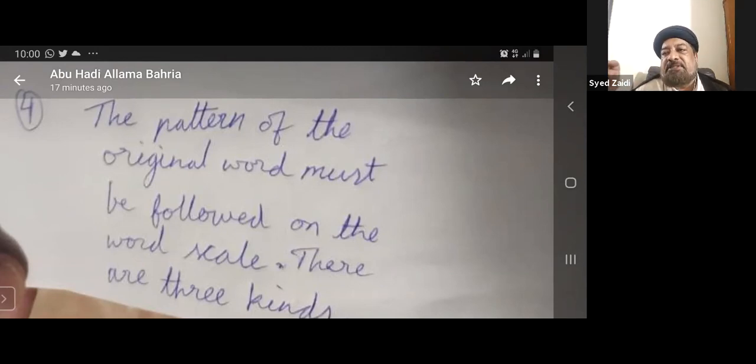Whatever happened in the root word, once that root word changes into another word, then when you go on the scale, you're going to refer to the same original root word, and for fa and lam, we're going to follow the same pattern with the root word, not with the word that we're discussing, right?